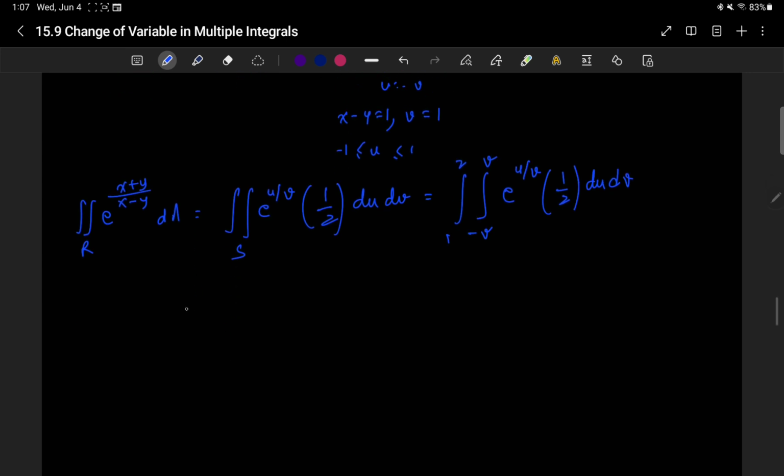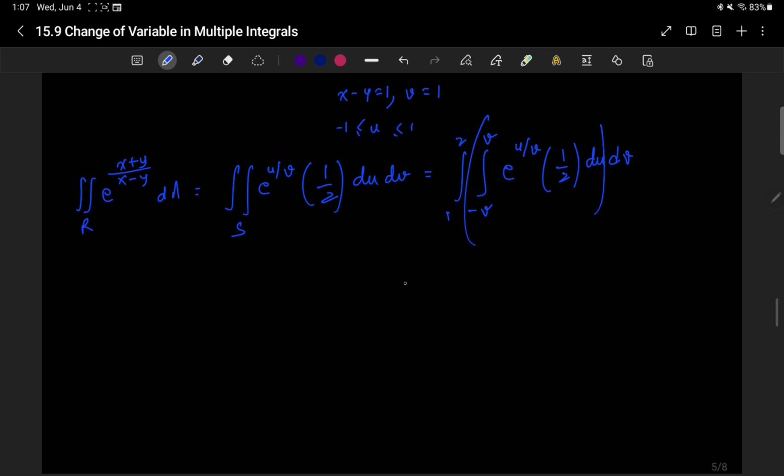So for the first integral, remember the integral of e raised to ax is e raised to ax divided by a. When you do the first integral, this will give you 1/2 on the outside, 1 to 2, e raised to u over v divided by 1 over v, which becomes times v.